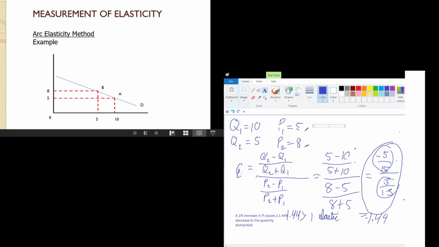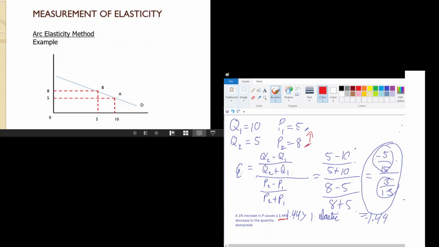Yung P1 mo is 5. And then, yung P2 mo is 8. So, from 5, naging 8 siya. Ibig sabihin, nag-increase. Diba? From 5, naging 8. So, nag-increase. And then, so 1% increase in price causes a 1.44.